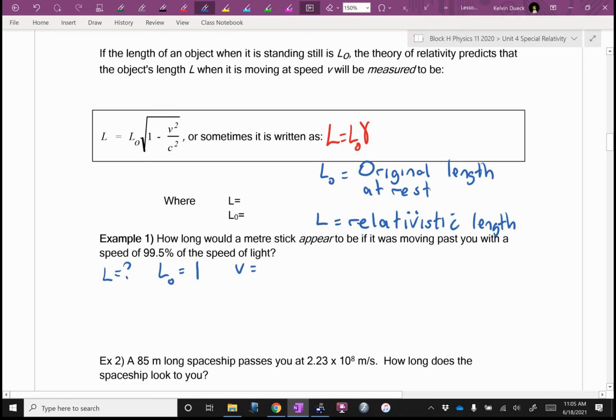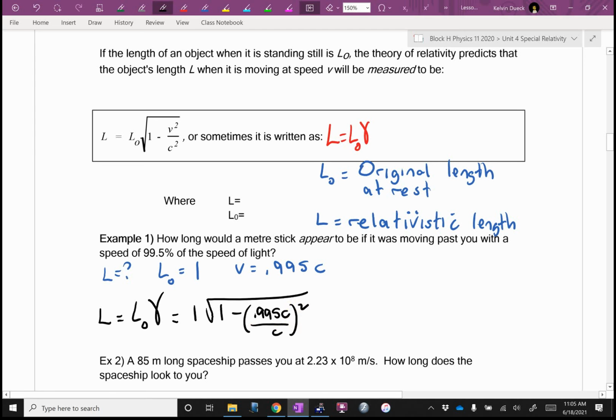How will I write that in our notation? 0.995 c. So it's going to be L equals L0 times the gamma function, not divided by the square root. It's going to be 1 times the square root of 1 minus 0.995 c over c all squared.